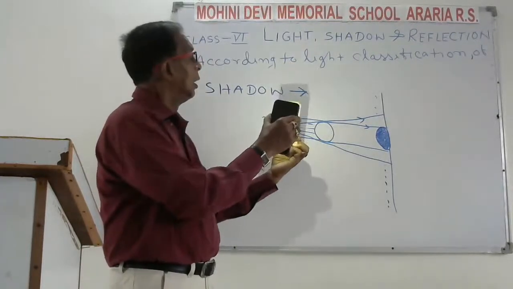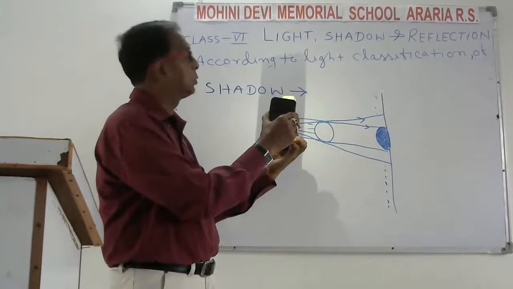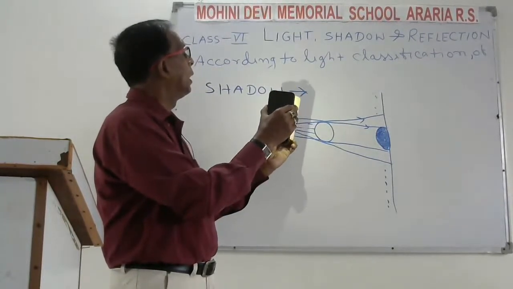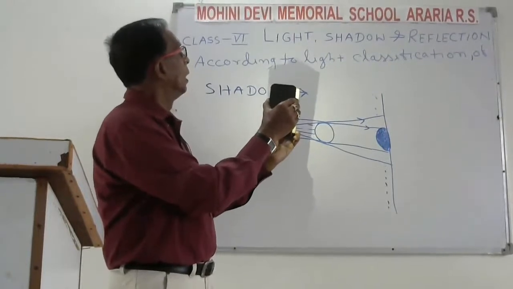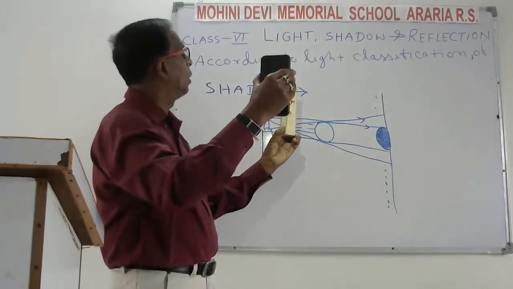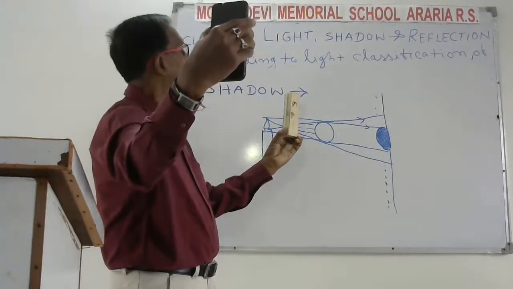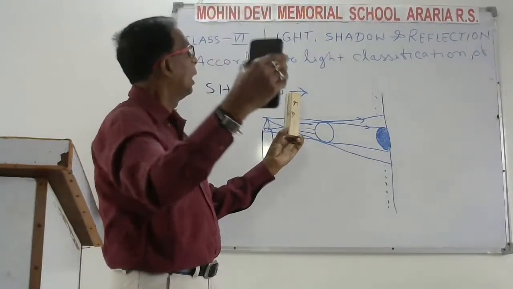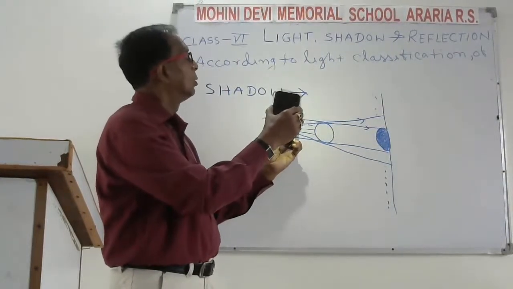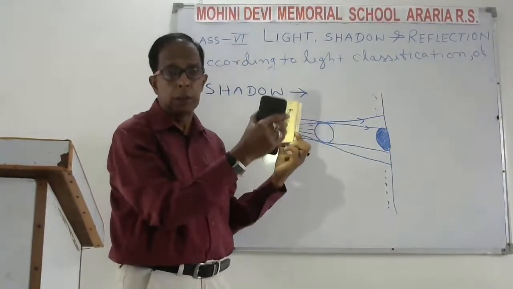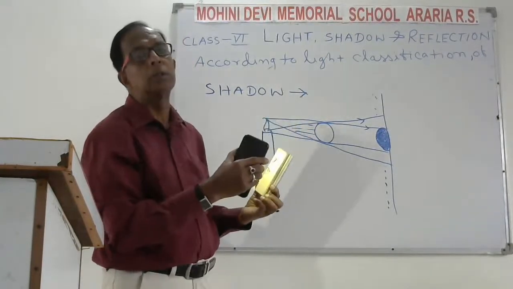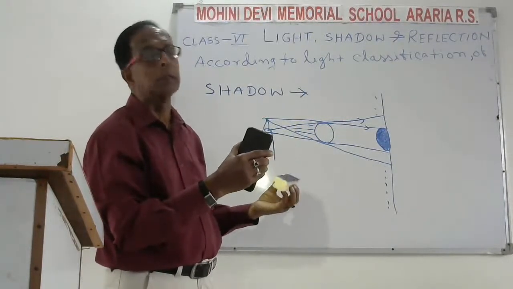But think, the shape and size of the shadow is not fixed, and it may give you confusion. If I do it this way, the shape and size of the shadow is changing according to the source and the screen distance. The shadow does not give the correct information about the shape and size of an object.